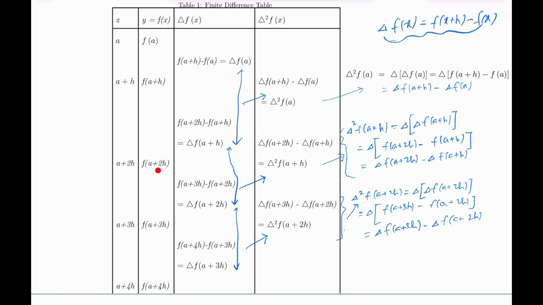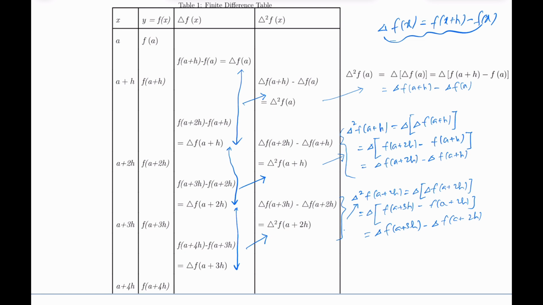Similarly, the difference of these two is f(a+3h) − f(a+2h). So this is written as Δf(a+2h). And finally, the difference of f(a+4h) and f(a+3h) is equal to Δf(a+3h). So these are the first order differences. Now calculate the second order difference.